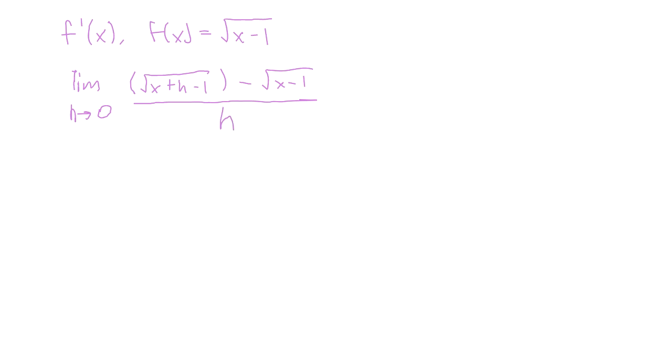We can't really do a lot with this right now, but let's try getting rid of these radicals in the numerator. So let's try taking the conjugate, which means multiplying by the square root of x plus h minus 1 plus the square root of x minus 1 on both the numerator and the denominator.